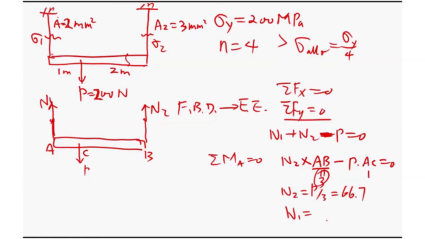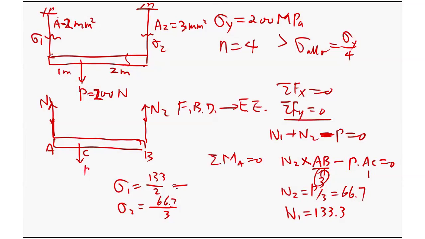Okay, now what's N1? 133.3, right? Okay, now can you find sigma 1 and sigma 2? Sigma 1 is 133 over 2, right? What's sigma 2? 66.7 over 3.